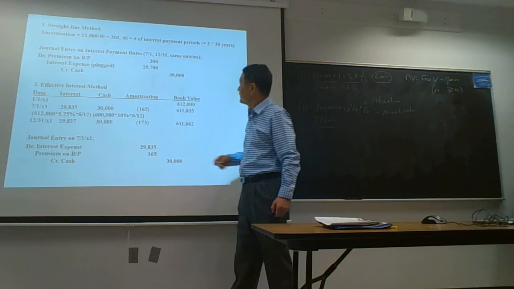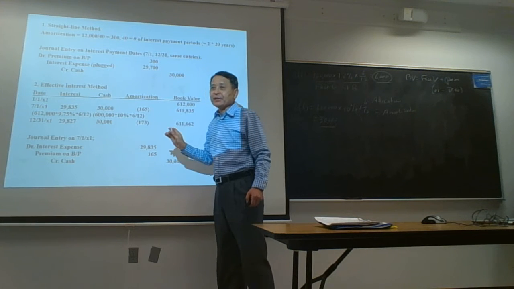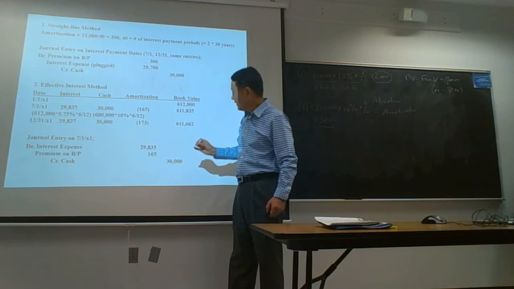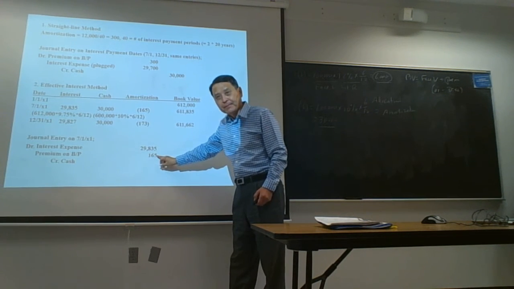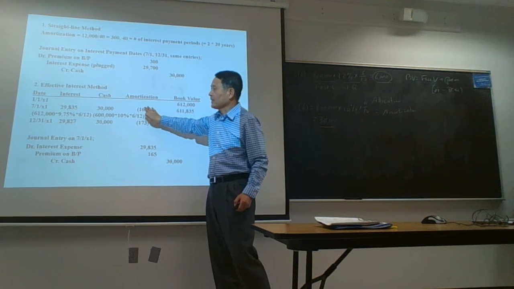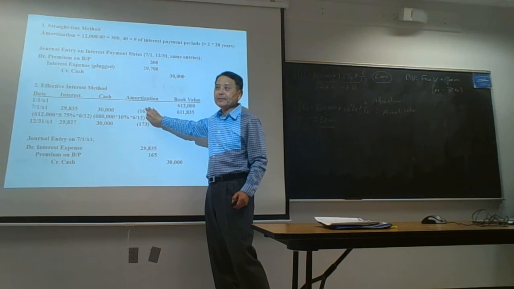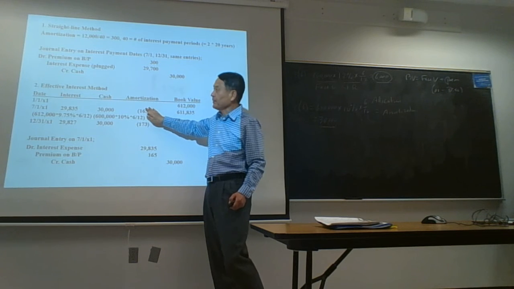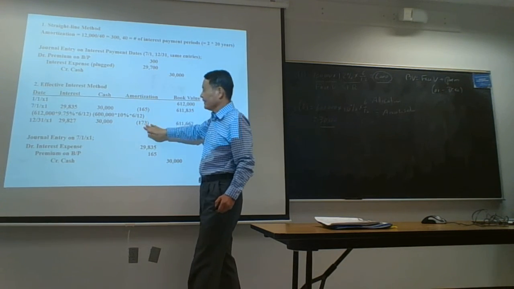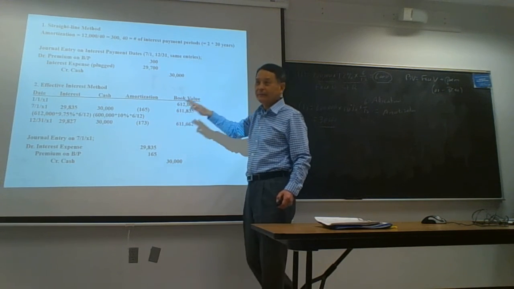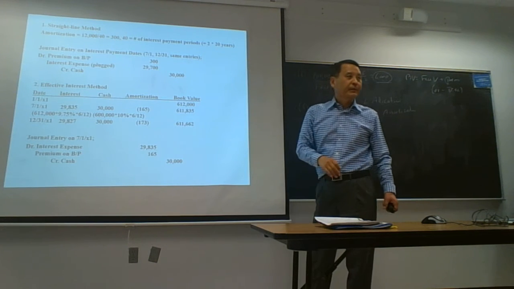If you think this 300 is significantly greater than 165, you have to use effective interest. So it looks like there's a significant difference between this and this, right? So it is safe to use effective interest.